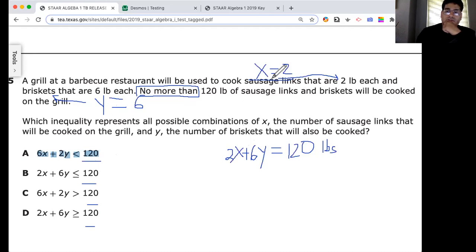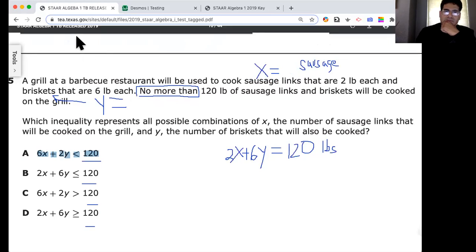Sausage links are, so X does not equal 2. X equals the sausages. I've got to be careful about that. And Y does not equal 6. Y is equal to the briskets.